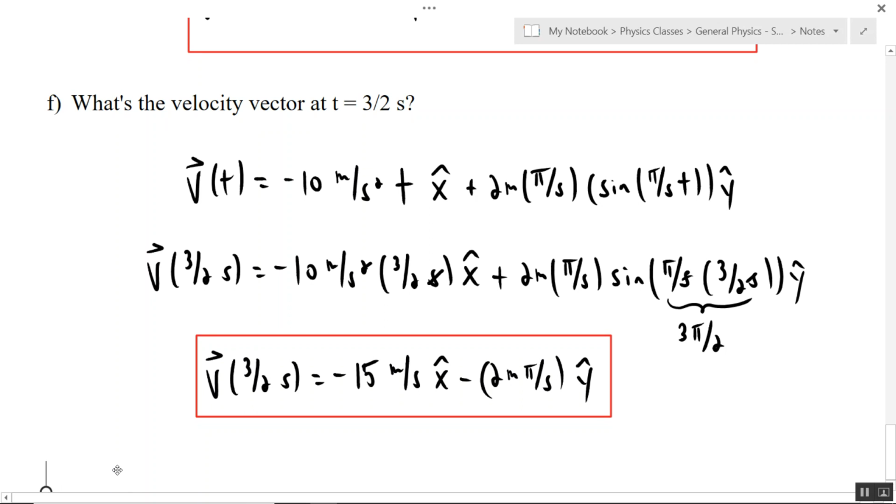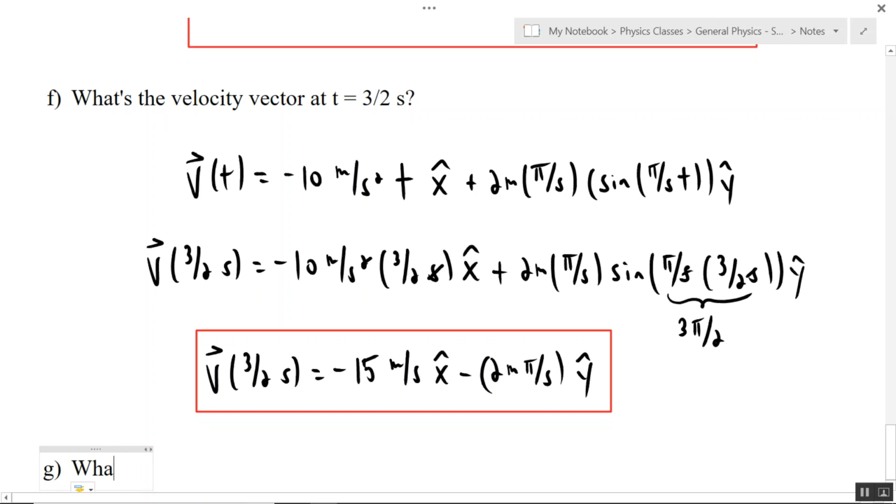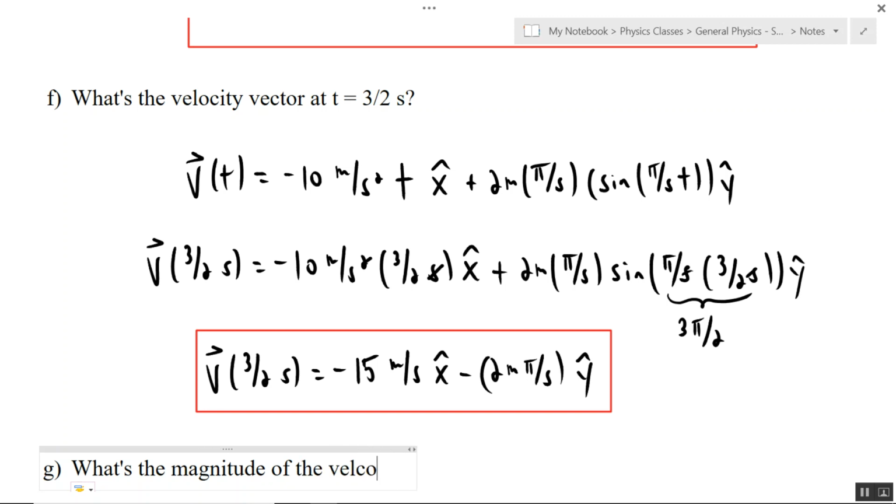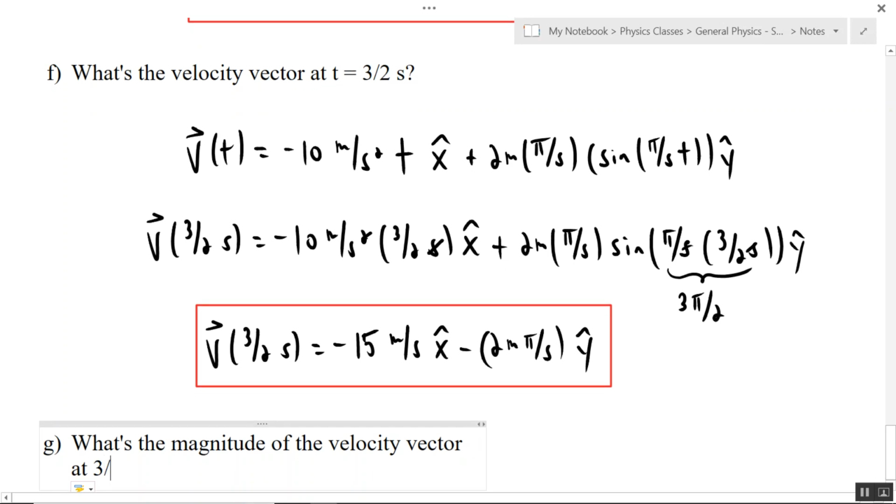So, what's the magnitude of the velocity vector at 3/2 of a second and its direction?